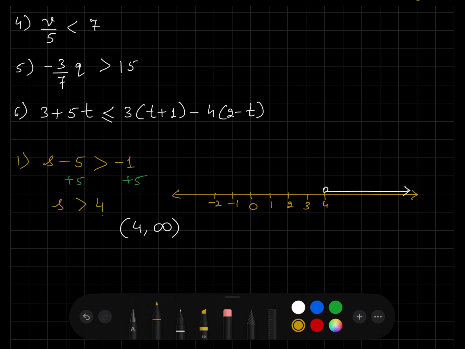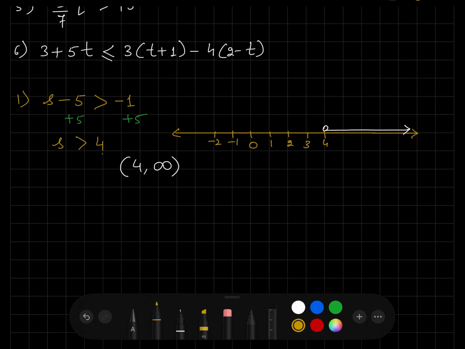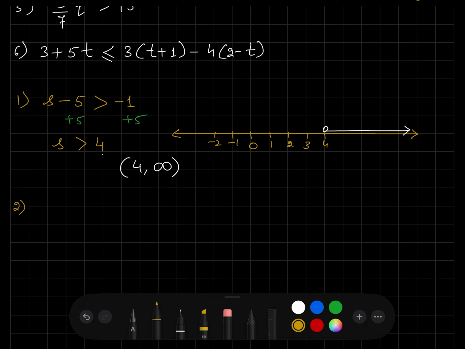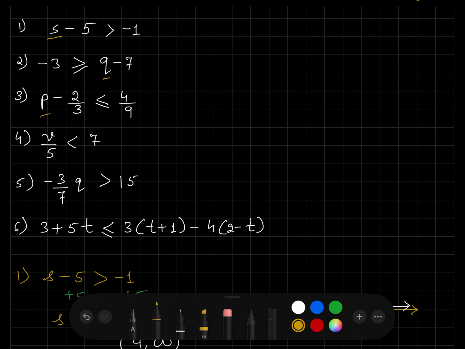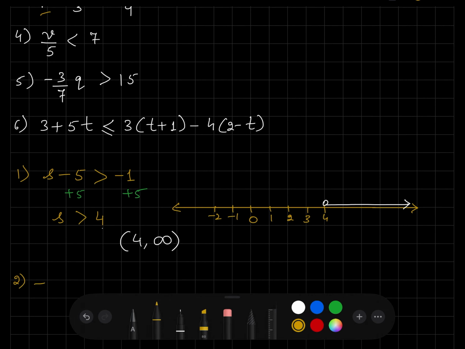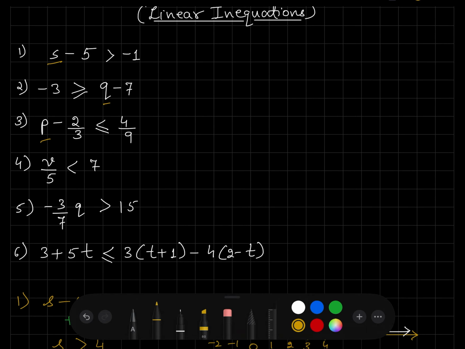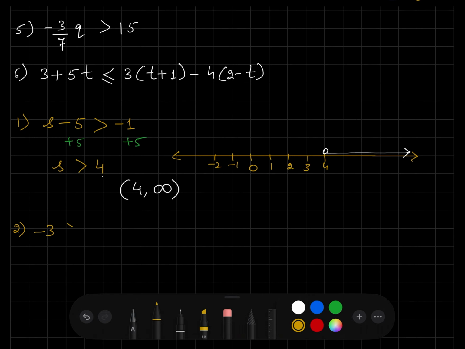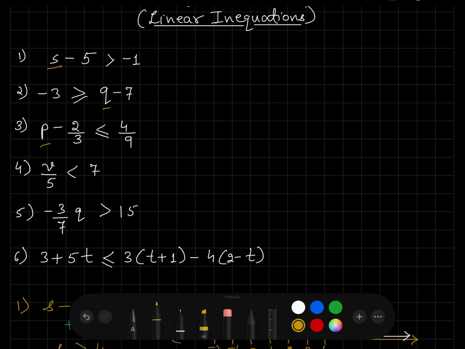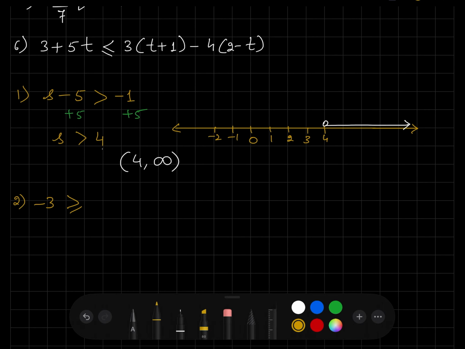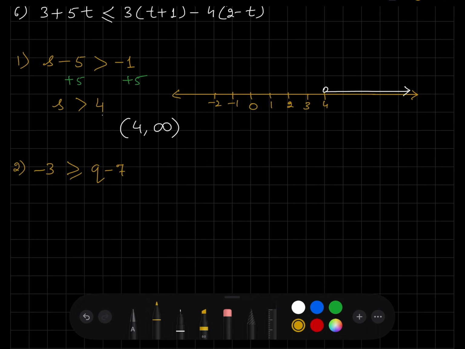Understood? Now let us take the next one: negative 3 greater than or equal to q minus 7. Here also we will use the balancing method.